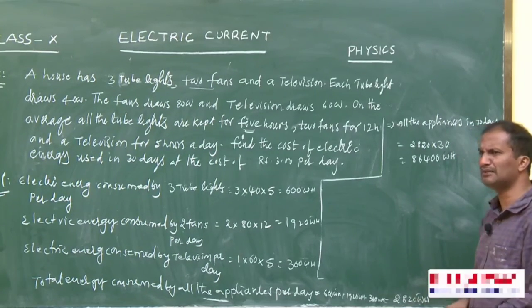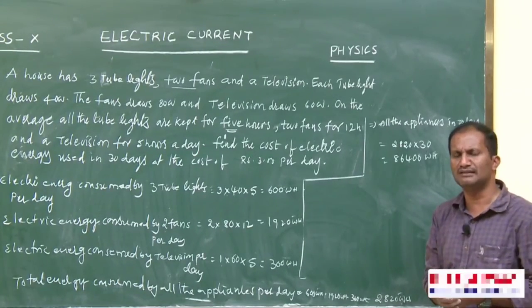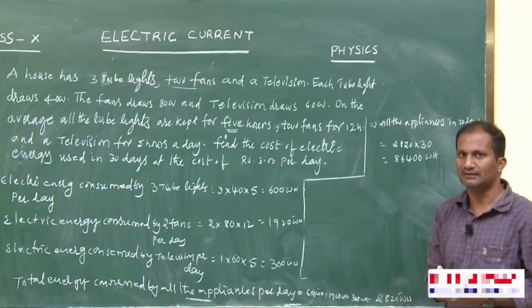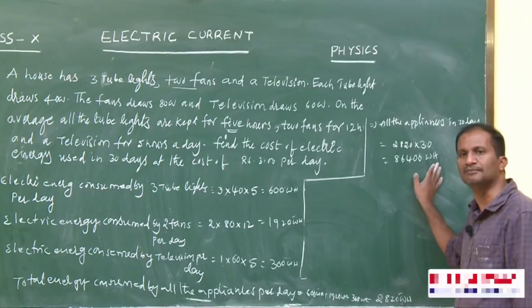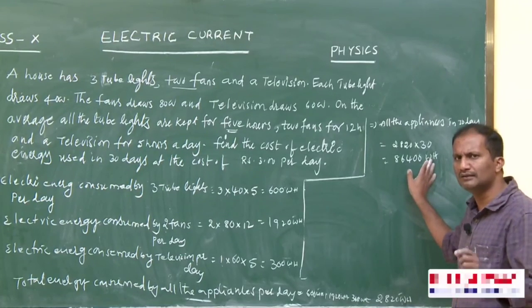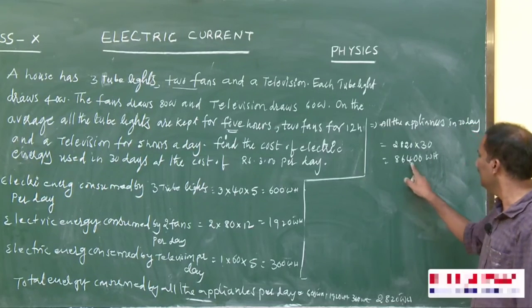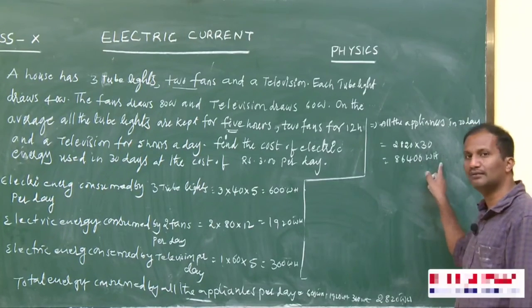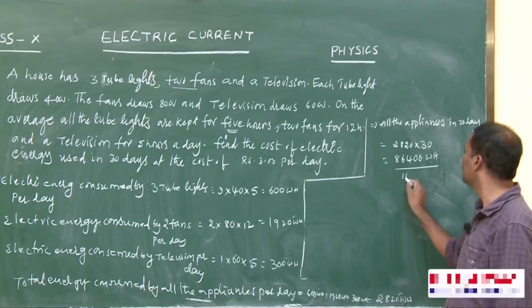Now we are going to convert it into units. We know that 1 unit is nothing but 1 kilowatt hour. Now what we have is the total amount of energy in watt hours only. Now we have to change it into kilowatt hours. Why? Because 1 kilowatt hour is equal to 1 unit. So to convert 86,400 watt hours into kilowatt hours, we divide this by 1000.